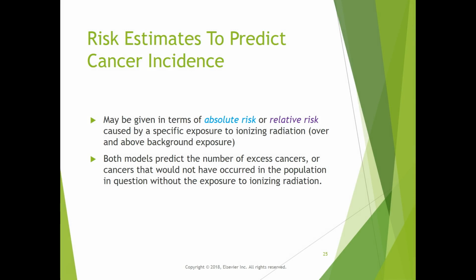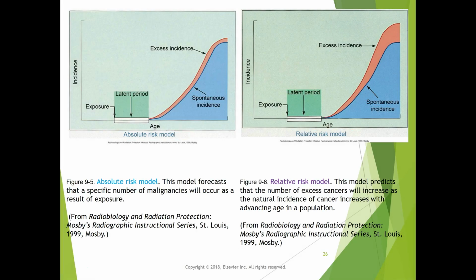Okay, so there are two ways to predict a cancer incidence. They have given the terms absolute risk and relative risk. Both of these models do predict excess cancer risk if you've had any kind of ionizing radiation. And we'll show you those.